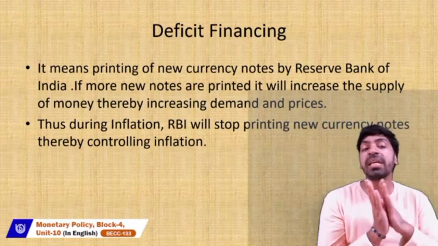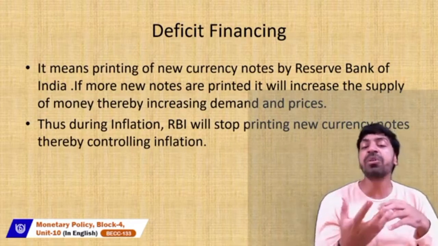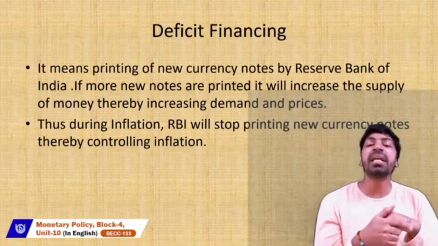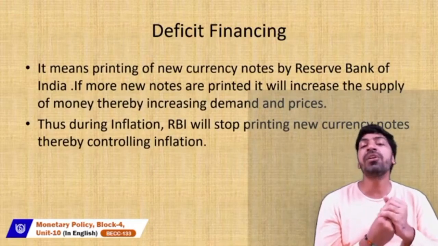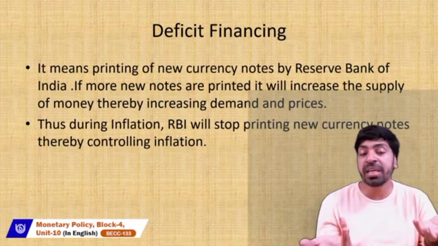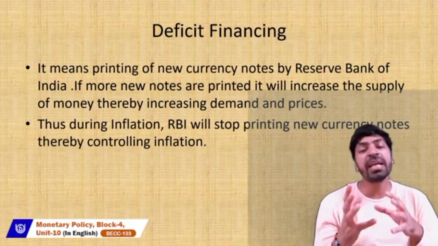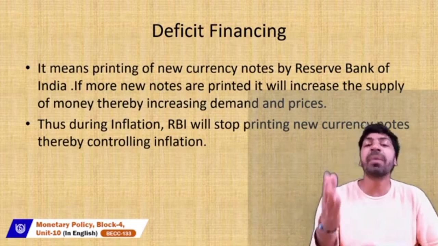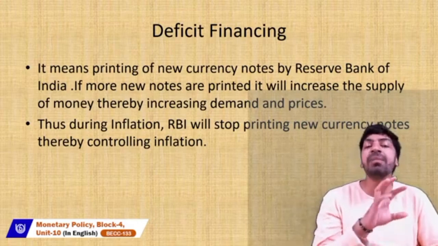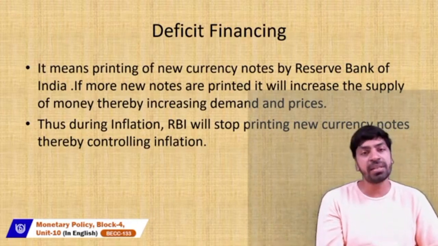So if the bank stops any new printing of currency notes, then automatically the inflation situation would get controlled, as the supply and demand of money would not increase, and the prices would remain fixed or constant in that particular situation. So that is called deficit financing.